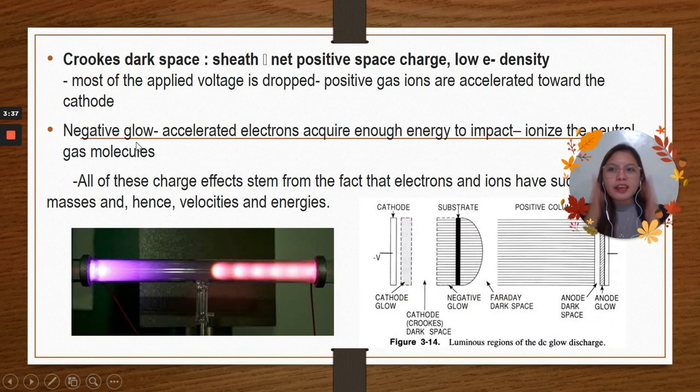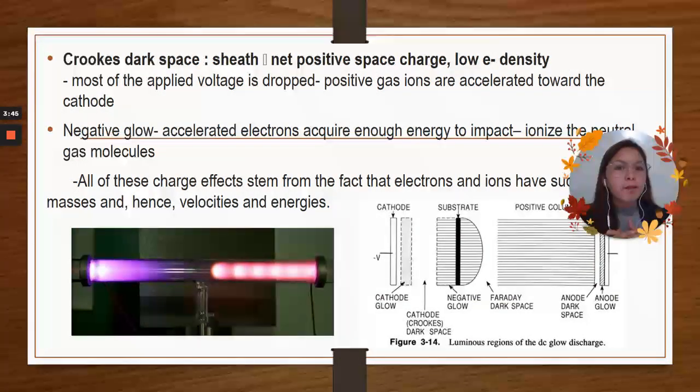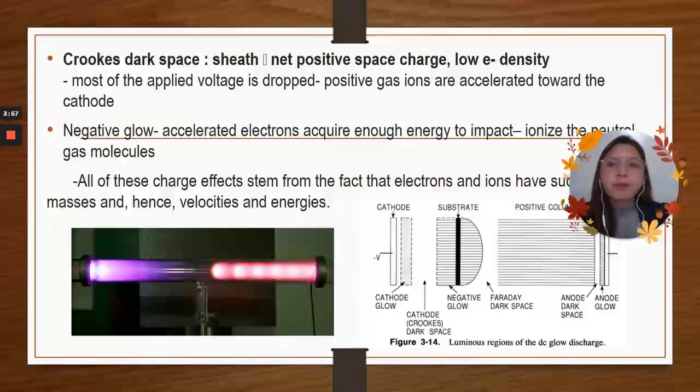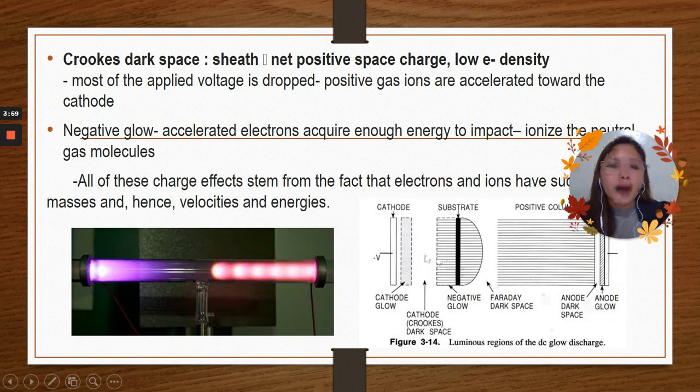In this part, we have again the picture of the classical glow discharge in a Crookes tube source. I would like to elaborate on its parts. First, the cathode glow is maintained by electrons produced at the cathode by positive ion bombardment.